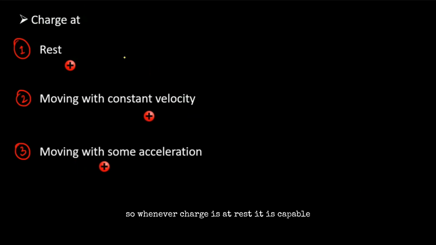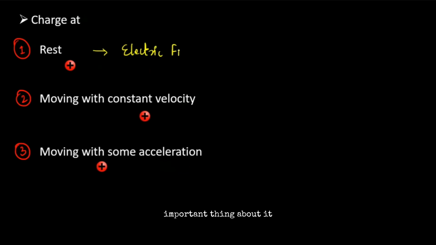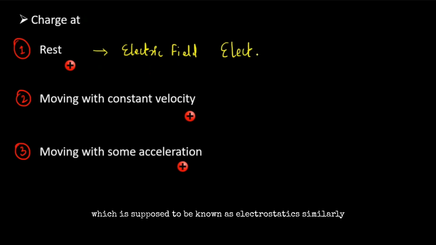Whenever charge is at rest, it is capable of producing an electric field. This is the most important thing about it. In this unit, we are going to discuss all the key factors when charges are at rest, and this unit is known as electrostatics.